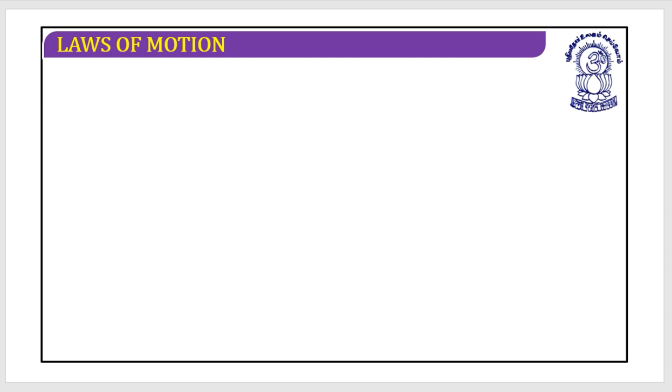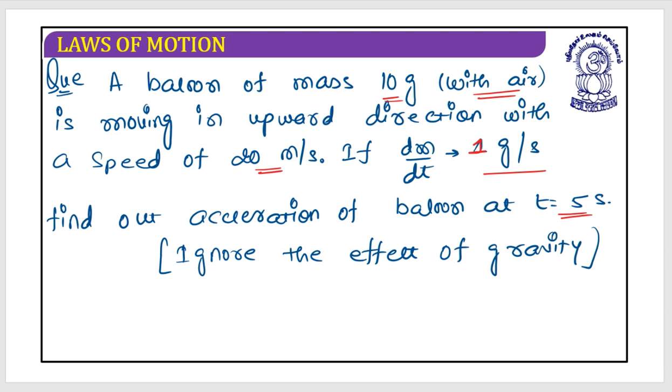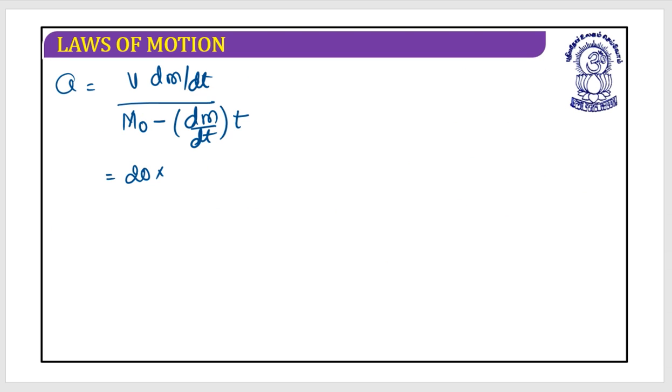So let's just begin. It's a equals v dm by dt upon m naught minus dm by dt into t. So the velocity is 20 meter per second, and dm by dt is 1 gram per second.